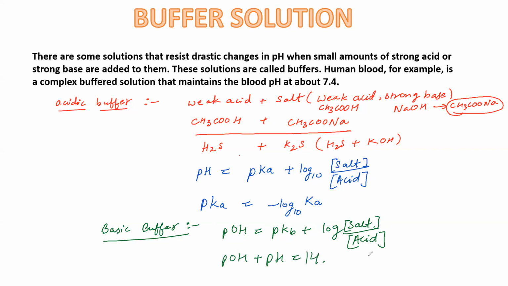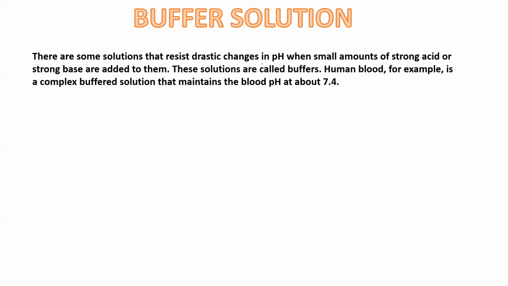So these are three equations, and we will be focusing on the acidic buffers. Fine, I hope this is clear. Just learn this equation. It will be really helpful for you. And pKa is negative log base 10 of Ka. Okay, fine. Let's move further.